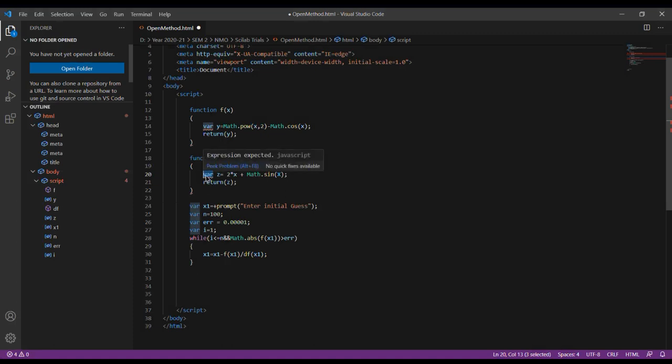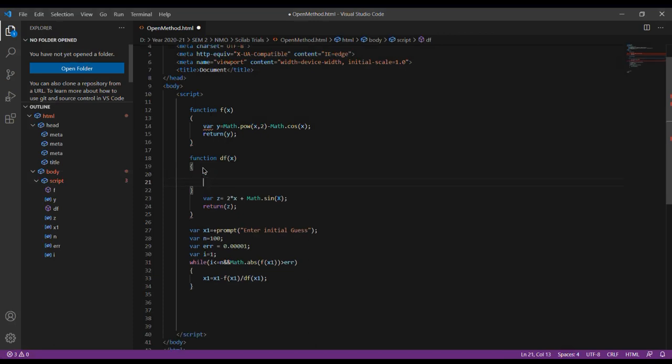Sir, there will be curly braces for the function value. Okay. Where? Here. That you removed.